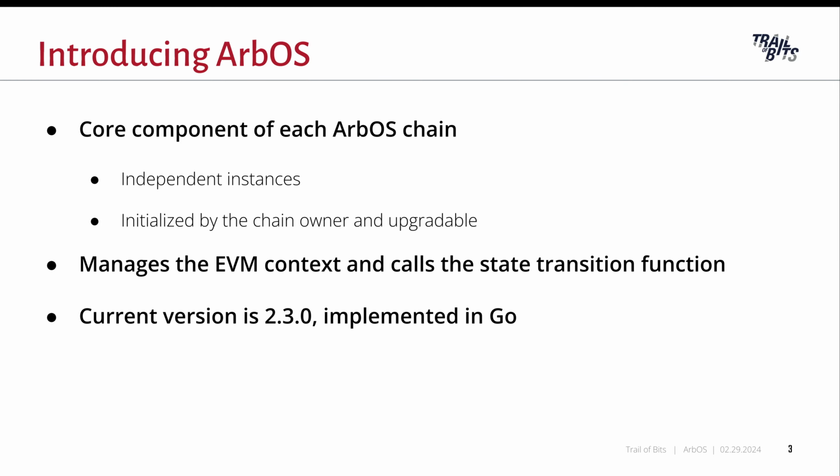They used to use a language called Mini, which was specifically designed for implementing ArbOS and nothing else. Right now they are using the Go programming language, so we can take a better look at the code as well.